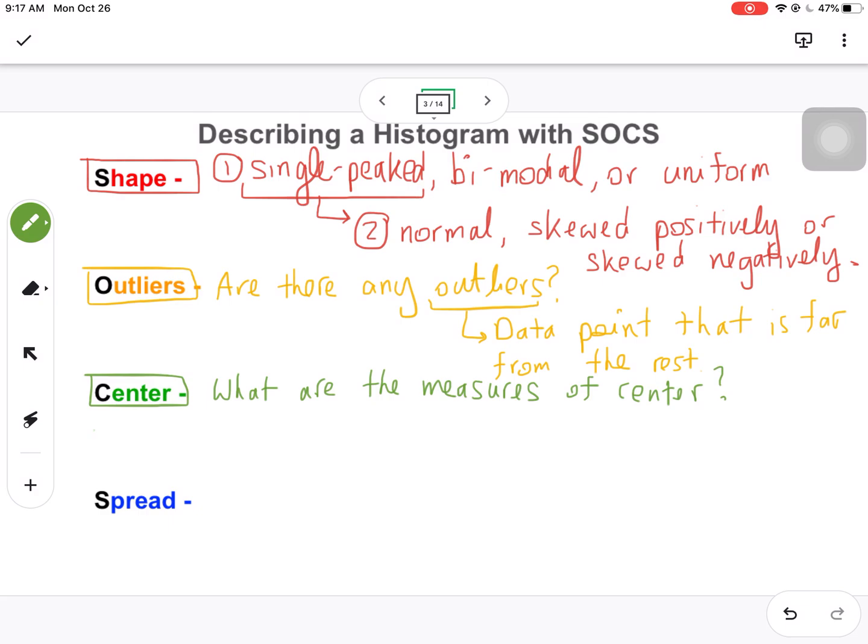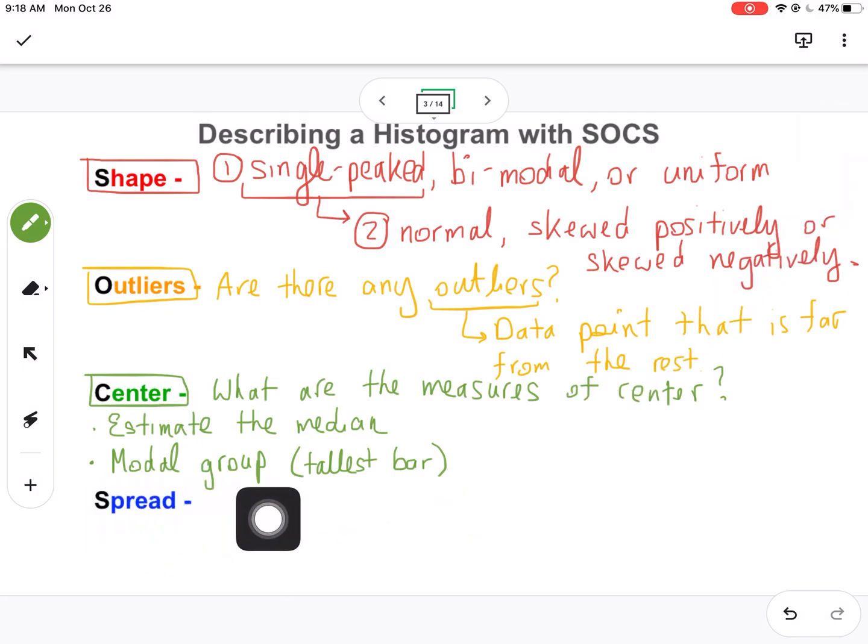So we can estimate the median, because we won't get an exact number for our median, but we can estimate about where the median is. We can't get an exact mode, but we can get a modal group. And your modal group is basically your tallest bar, because that's where most of the data is happening.